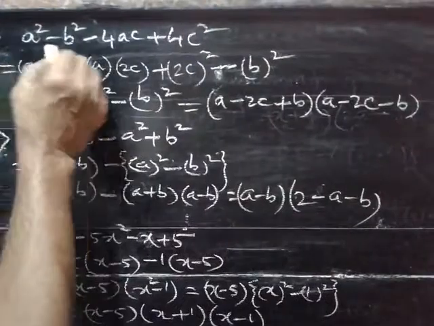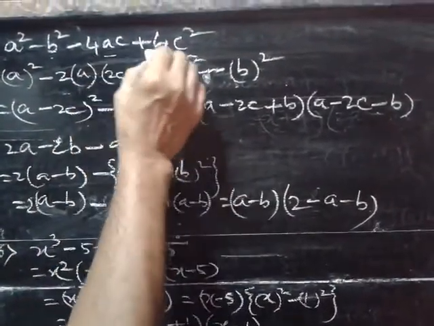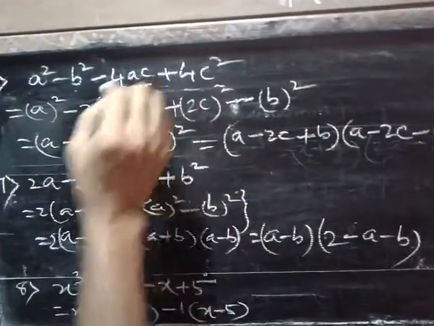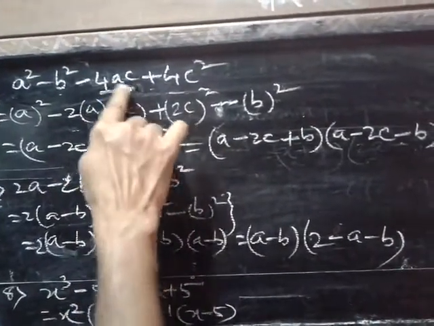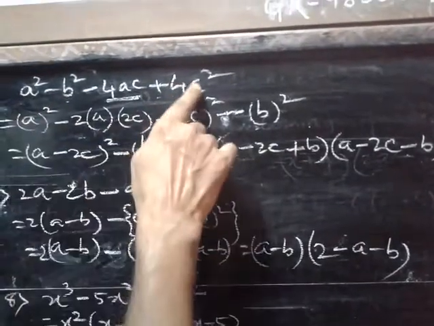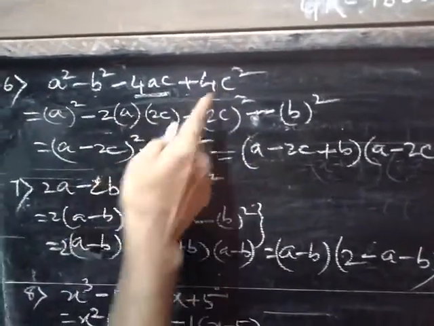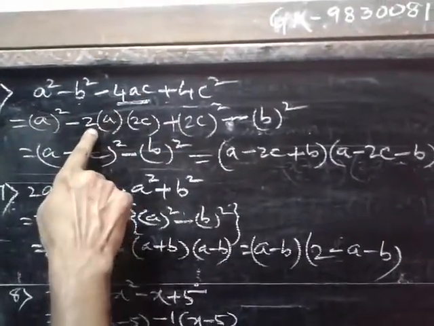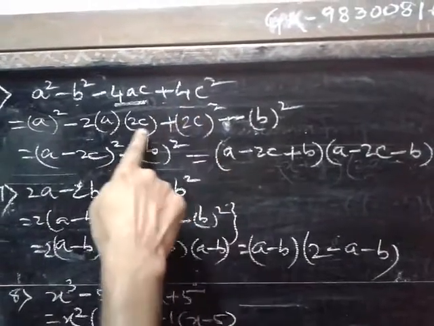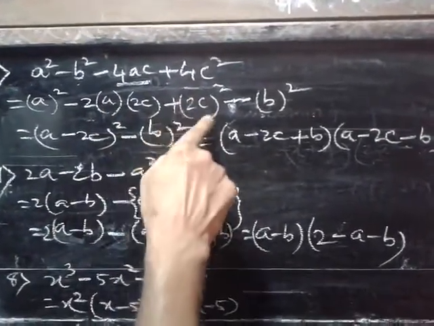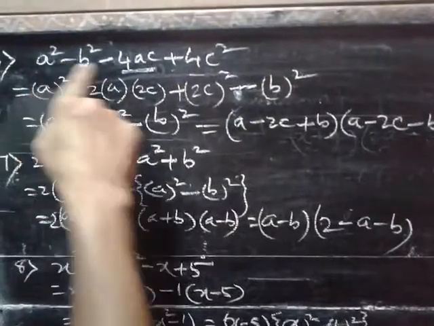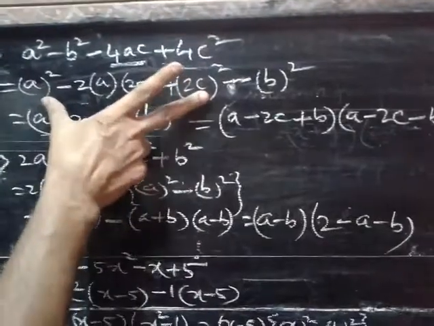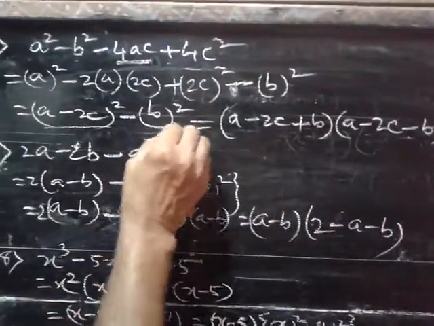Next, a square minus b square minus 4ac plus 4c square. See here minus 4ac; you have to find the relation between a and c. Take these three terms, a square minus 4ac plus 4c square, and make them a formula. That is a square minus 2 into a into 2c plus (2c) square, which is a minus 2c whole square, and this is minus b square.